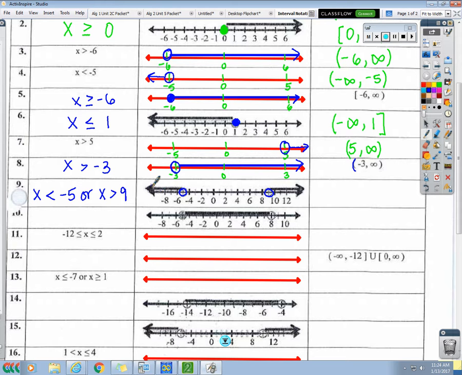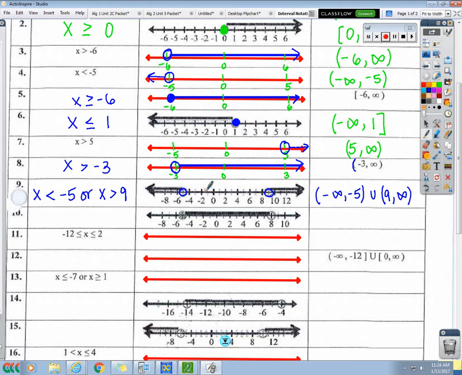Negative infinity to negative 5. Parenthesis and parenthesis. Then U for union. From left to right, what's this section doing? 9 to infinity, parenthesis and parenthesis. Okay, that's known as an OR inequality.